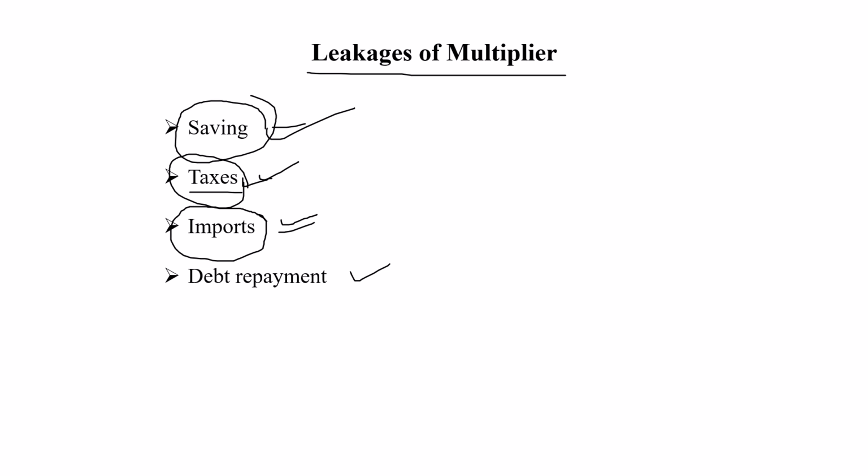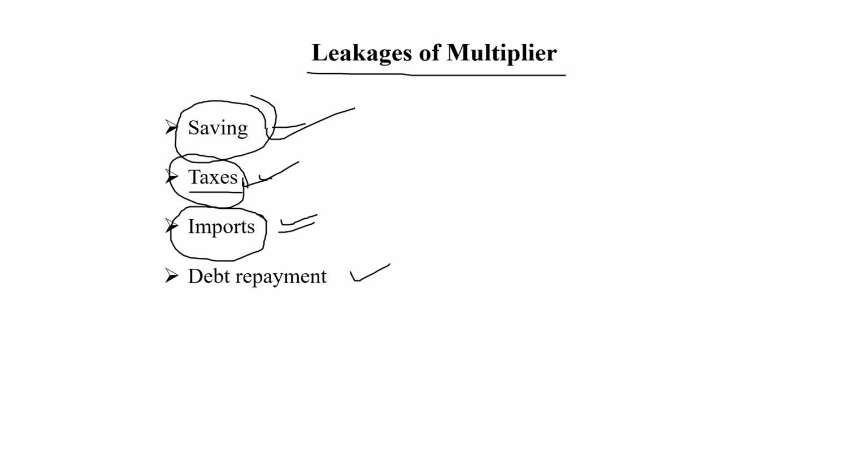Obviously, that person's income or spending amount will go to another country, not ours. So the multiplier effect will be reduced in our country. This is also one of the important factors that reduce the multiplier effect.